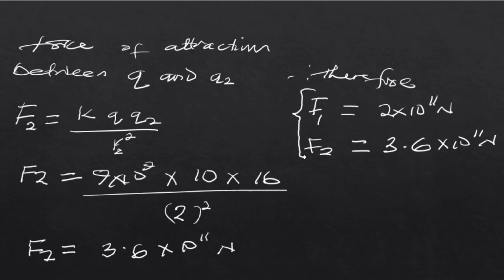So this is what we have as the force of attraction between Q and Q1, and the force of attraction between Q and Q2. So with what we have here, we can now move on to find the resultant or the net force.